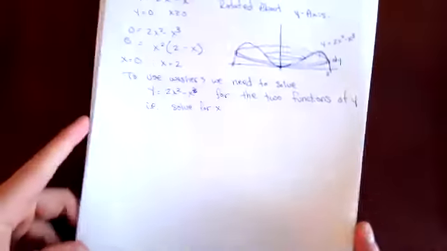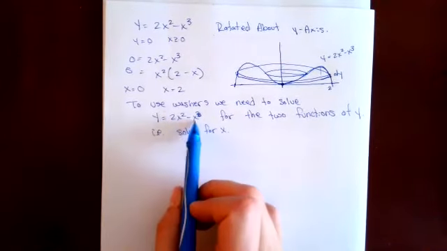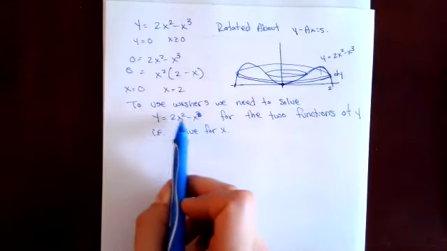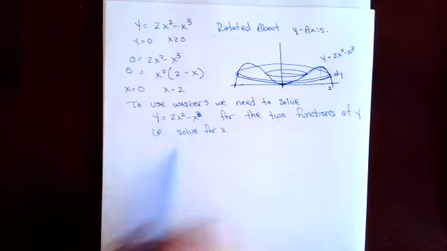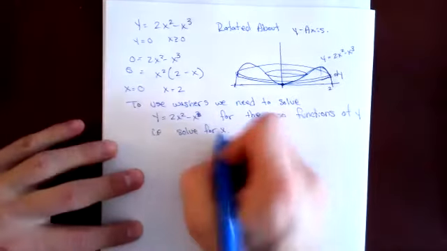It's x squared minus x cubed. I can't just take a square root or take a cube root because I'm adding two of those separate powers together and I can't isolate any of those. There's no way I can solve only in terms of x. So we can't do that.